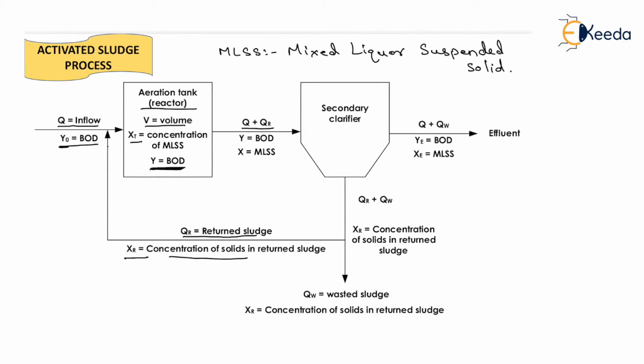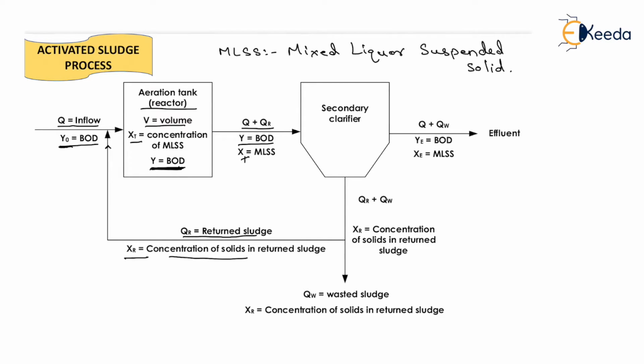So what will the charged microorganisms do? They will decompose some of the organic matter. That's why the BOD changes from Y0 to Y. Clear? Now this will move further into the secondary clarifier, and the MLSS is XT, that is the concentration of mixed liquor suspended solids.